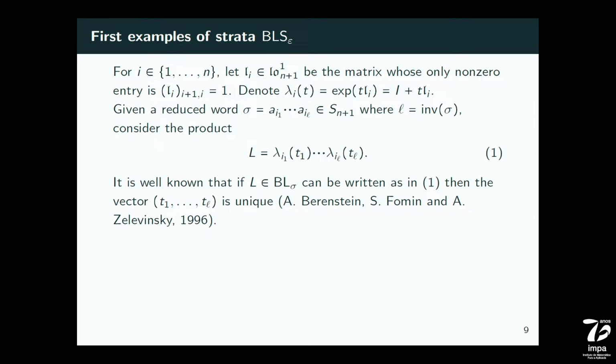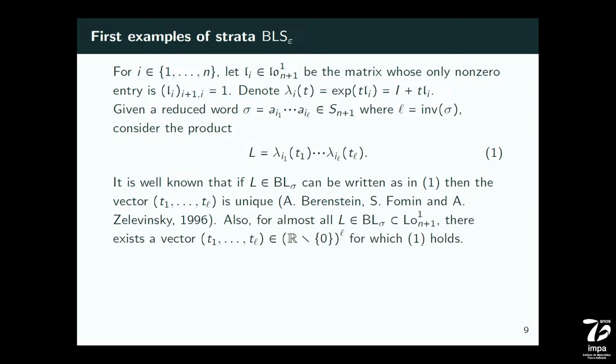From the works of Berenstein, Fomin, and Zelevinsky, this vector t1 until tL is unique. Moreover, for almost all L in B_L sigma, there exists a vector t1 until tL with no ti equal to 0.